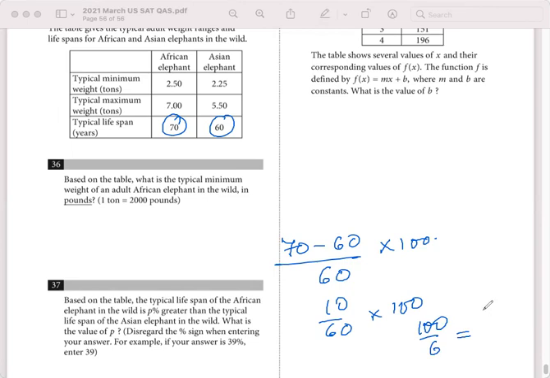Okay, so that's how much? I think it's 16.66, right? Are they asking us for the whole number answer? No, I don't think so. So I guess we can enter 16.66, or no, actually we can't enter 16.66. So we'll have to enter 16.6 or 16.7. That's strange because we normally don't leave that open to interpretation by the student.